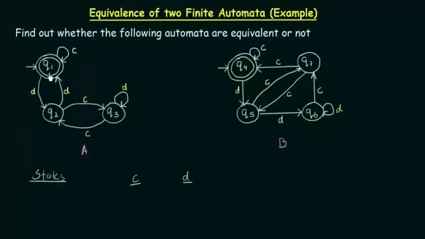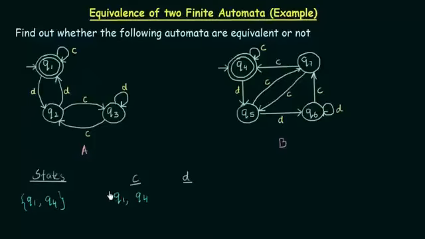Now let's take the pairs of states. Here the initial states are Q1 and Q4, so let us make the pair Q1, Q4. Let us see where this state pair goes on getting inputs C and D. Q1 on input C goes to Q1 itself, and Q4 on input C goes to Q4 itself.